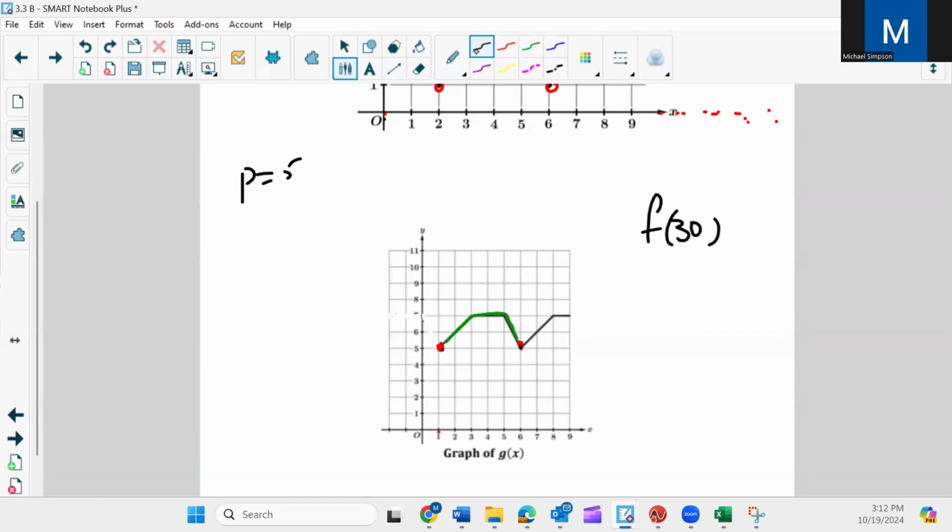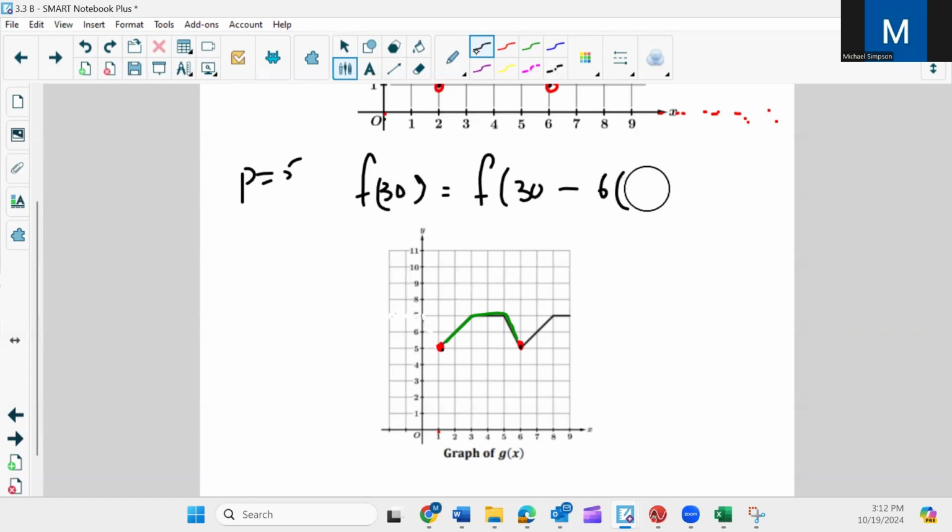I can write f of 30 as f of 30 minus 6 periods of 5, and that is just going to give me f of 0.